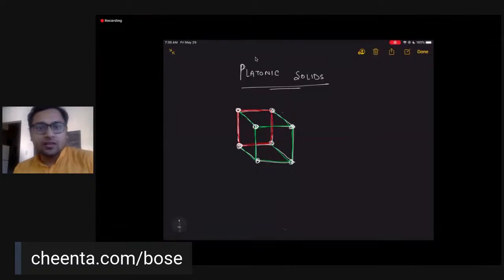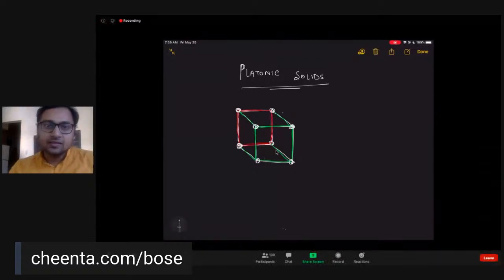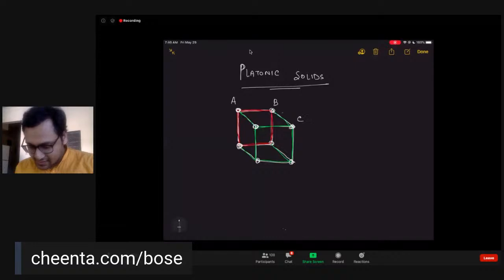Okay, Tanuja Ranawat is giving answers. Excellent. So we are already getting some answers in the chat. Very nice. So indeed, there are 8 corners in this particular cube. So A, B, C, D, E, F, G, H.